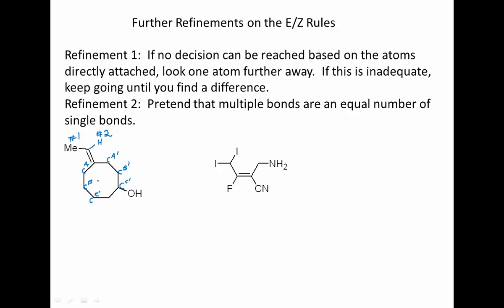So the right side of the second carbon becomes priority 1, and the other side here becomes priority 2. I'll put the answers down in a second, but we can see pretty obviously that the number 1s are on opposite sides of the alkene. That's E.